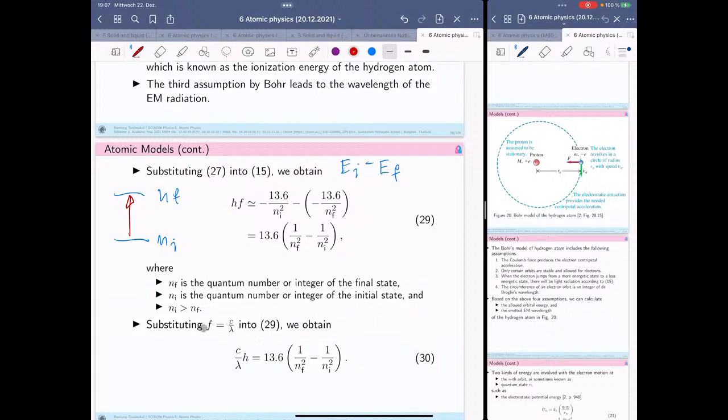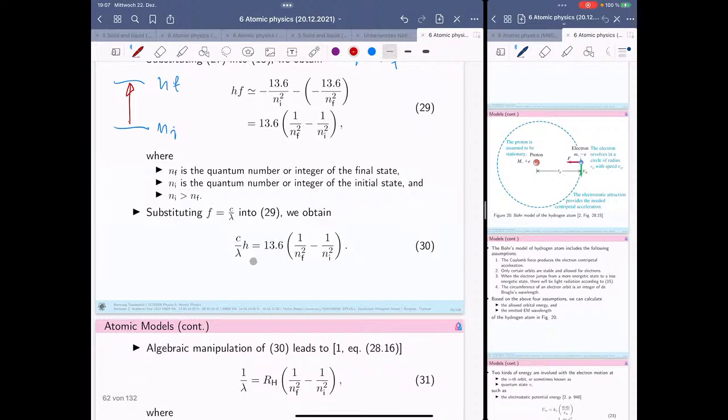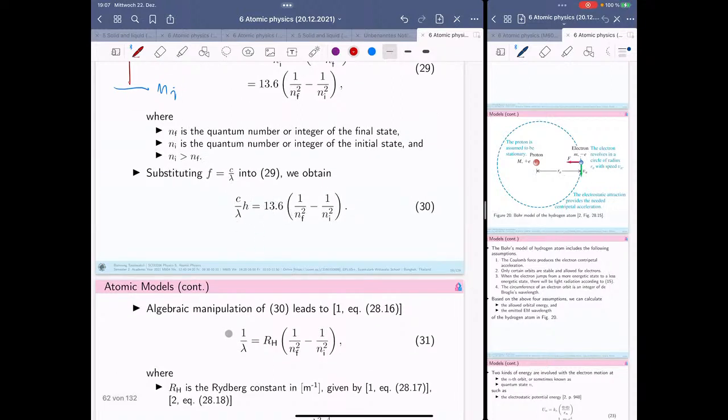If we substitute f equals c by lambda into this expression, we get hc over lambda, and on the right hand side you get 13.6. Then we solve this expression for lambda: 1 by lambda, and we move h to the denominator of 13.6. We move c also to the denominator of 13.6.